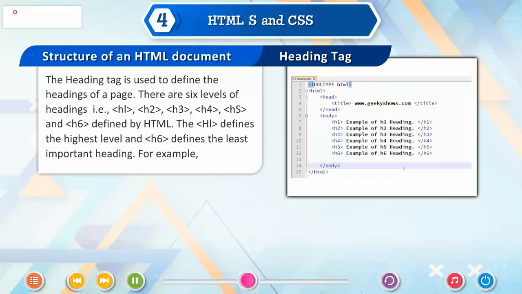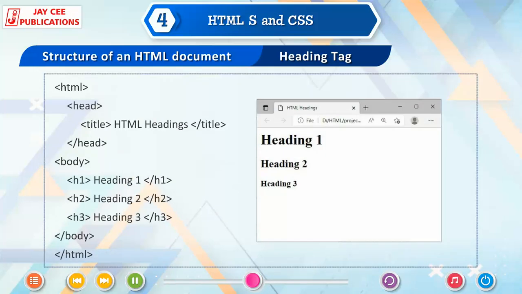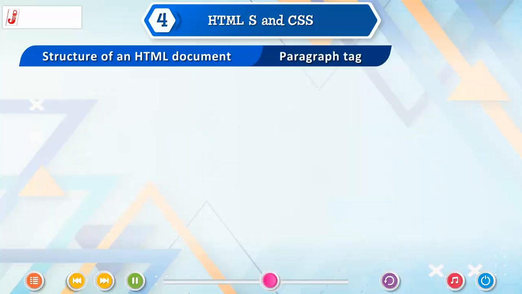The H1 defines the highest level and H6 defines the least important heading. For example, <html>, <head>, <title>HTML headings</title>, </head>, <body>, <h1>heading 1</h1>, <h2>heading 2</h2>, <h3>heading 3</h3>, </body>, </html>.